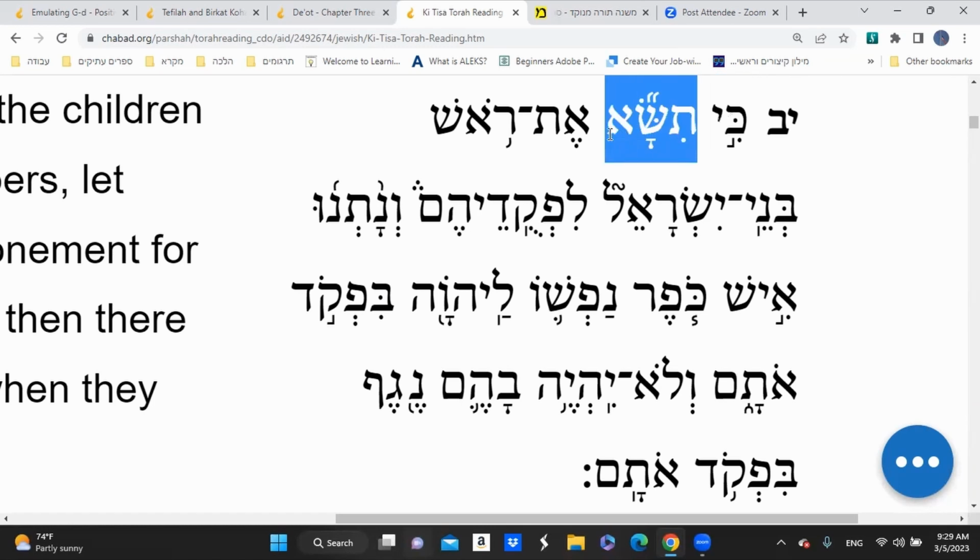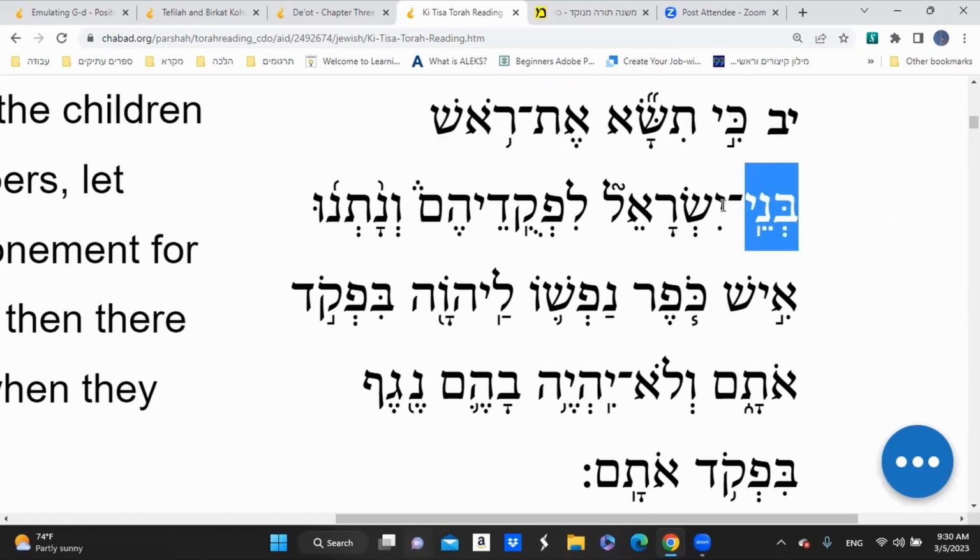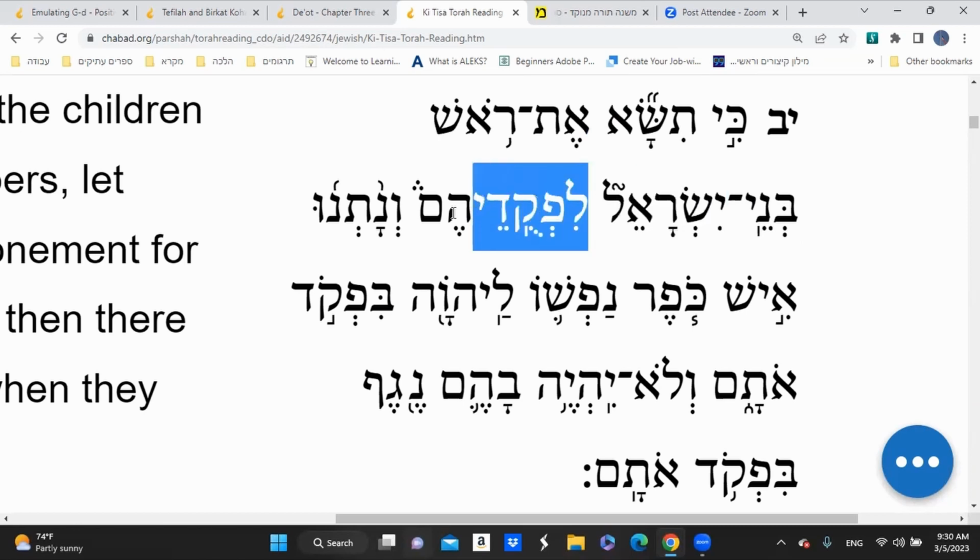Ki Tisa Rosh B'nei Yisrael Lifqudehem. Lifqudehem. Lifqudehem. You can see that this syllable should be accented as opposed to this syllable.